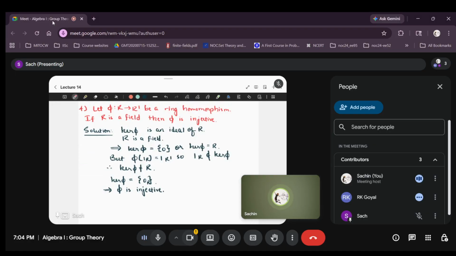So once it is a group homomorphism, the kernel is an additive subgroup of the domain. In group homomorphism, we proved that the kernel is a subgroup of the domain group.